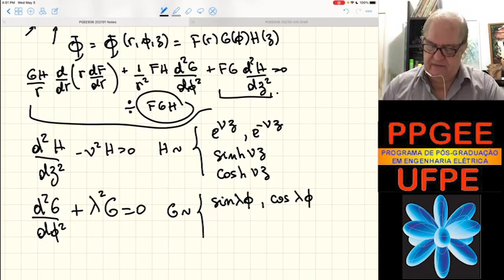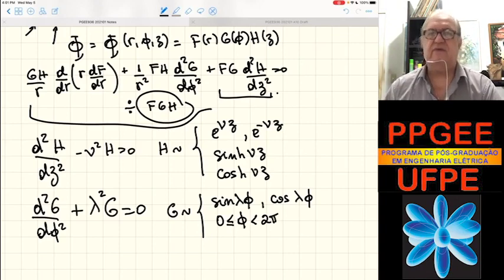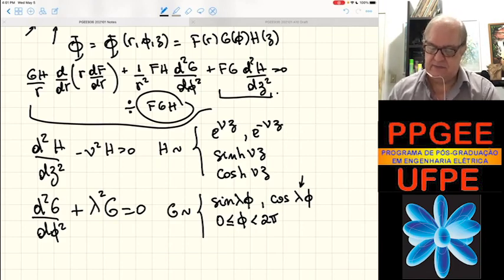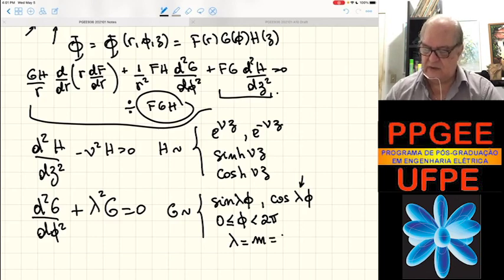Now, if the full domain of phi is allowed from 0 to 2 pi, then this constant, which in principle can be any real number, has to be an integer, okay? Including the value equals 0. So 0, 1, 2, 3.